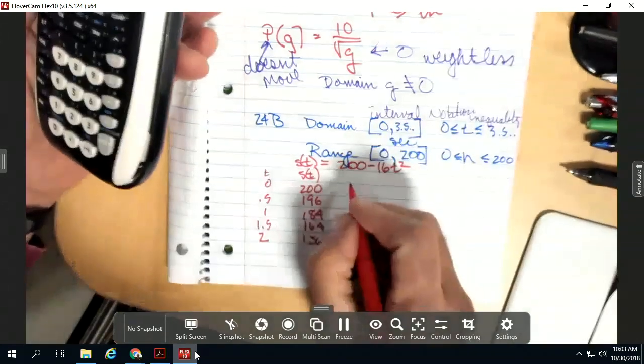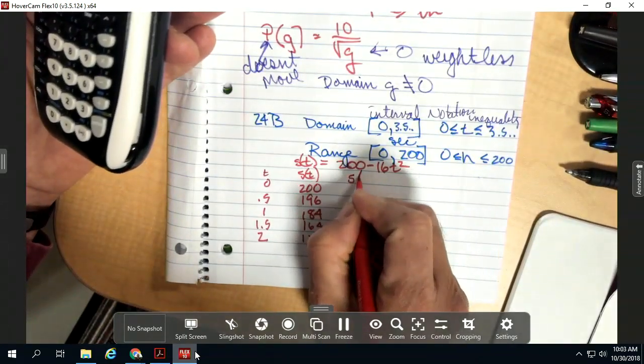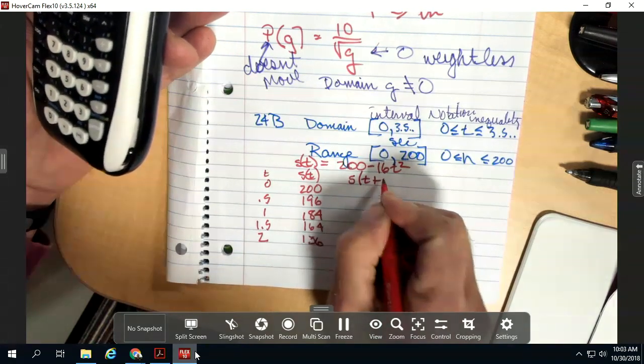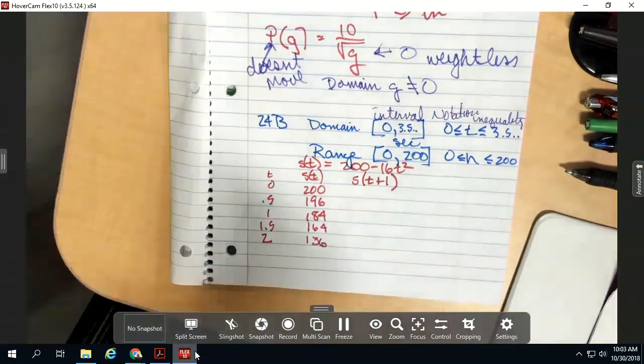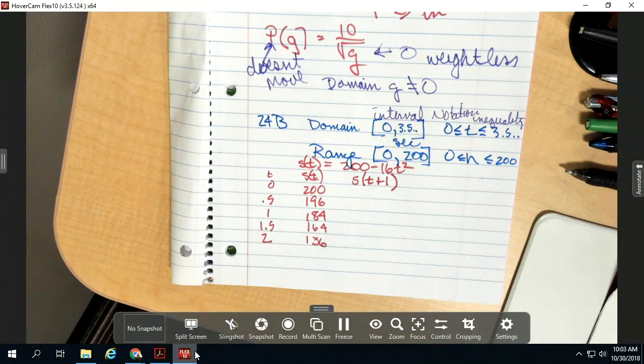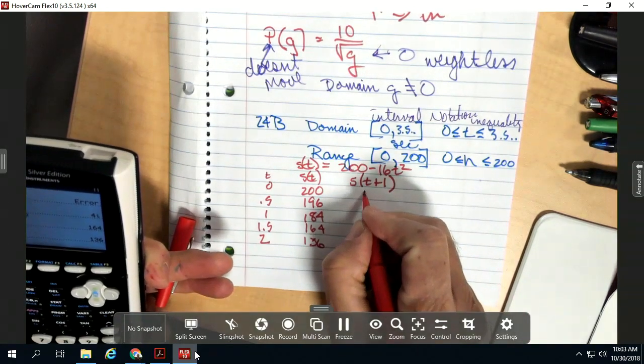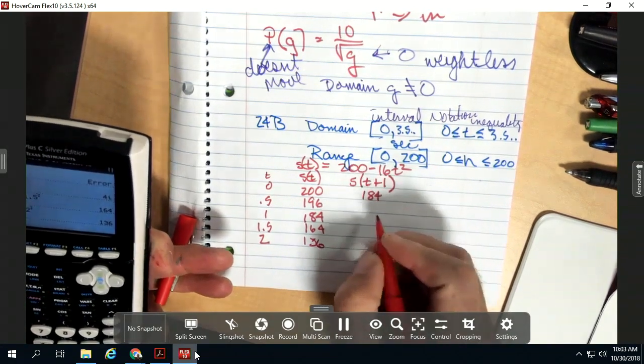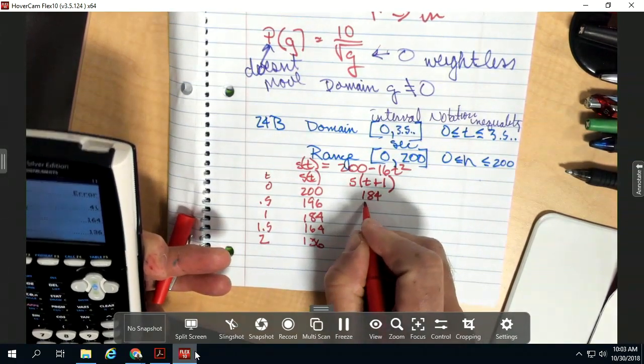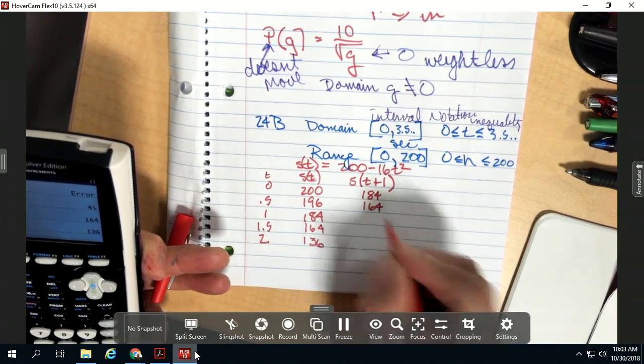Now it says, instead of S of t, we're going to add 1 to t. Okay? So when we substitute in the first case, we get 184. In the second case, we get 164.